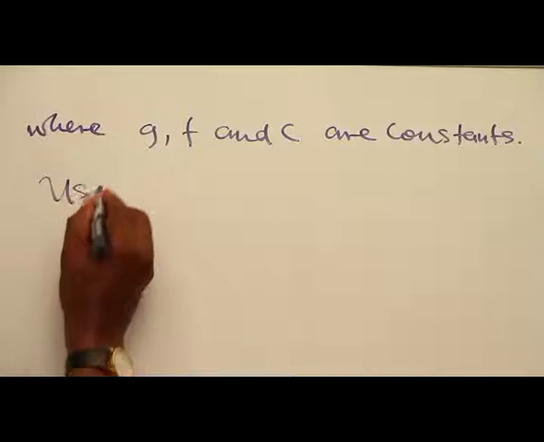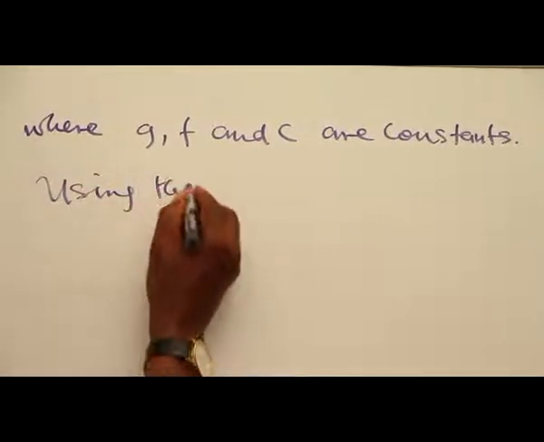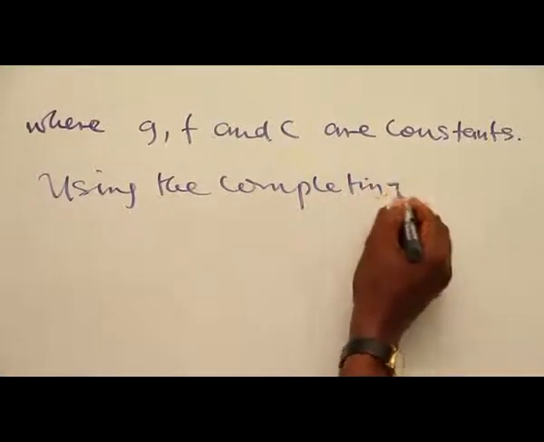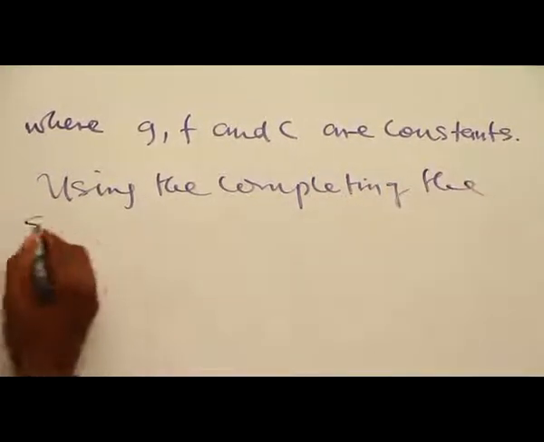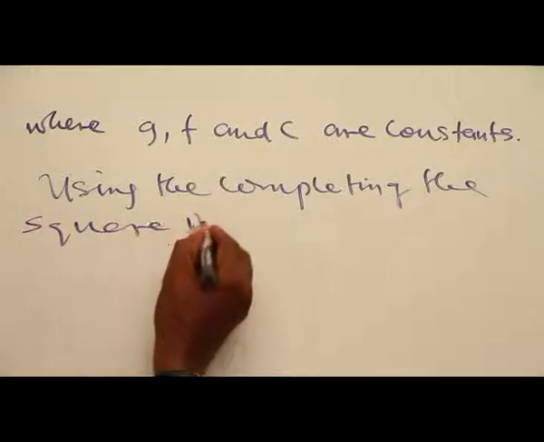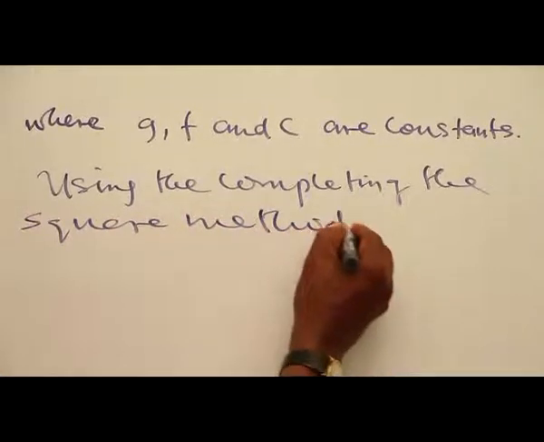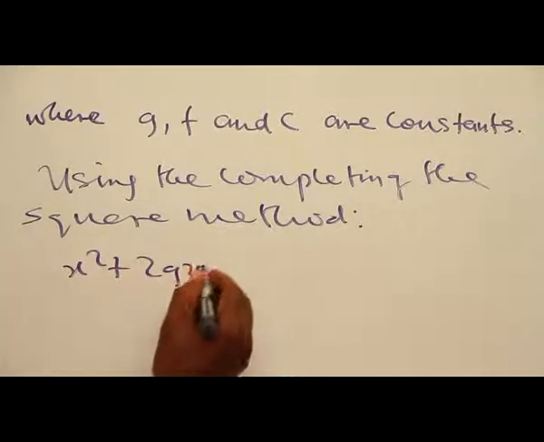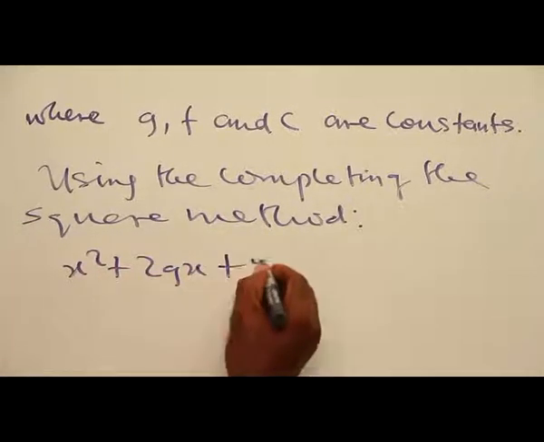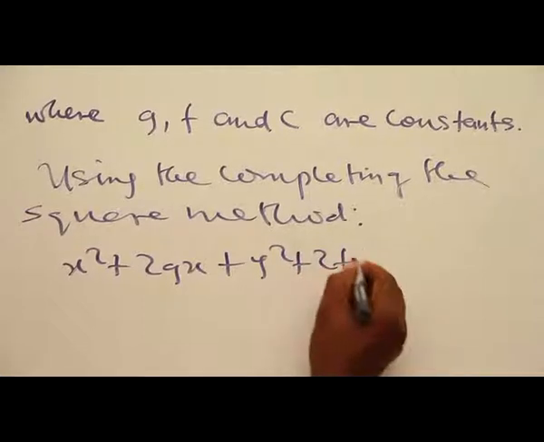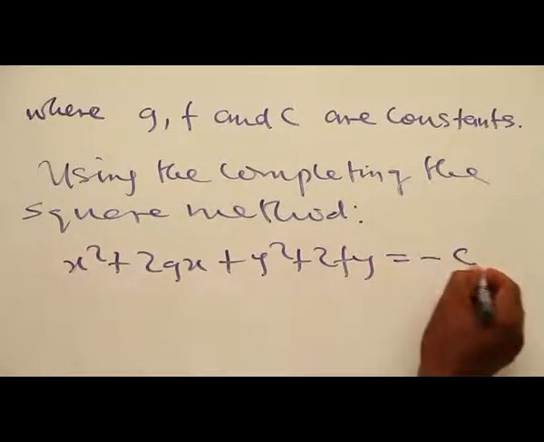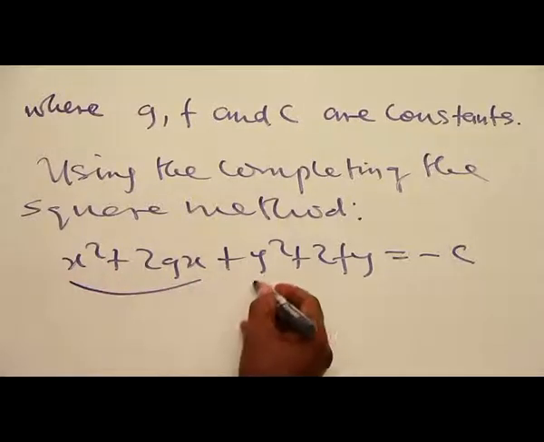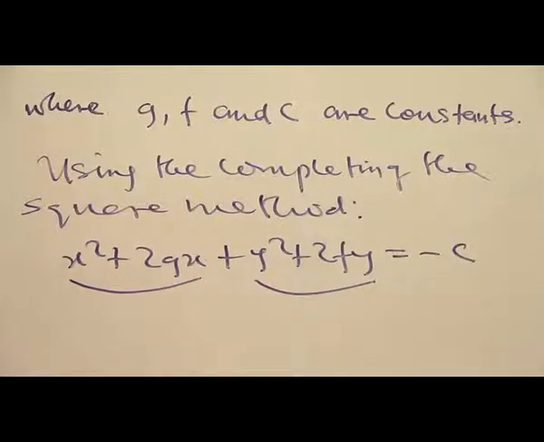So, using the completing the square method, we have S squared plus 2GS plus Y squared plus 2FY is equal to minus C. So we combine this and then combine this.